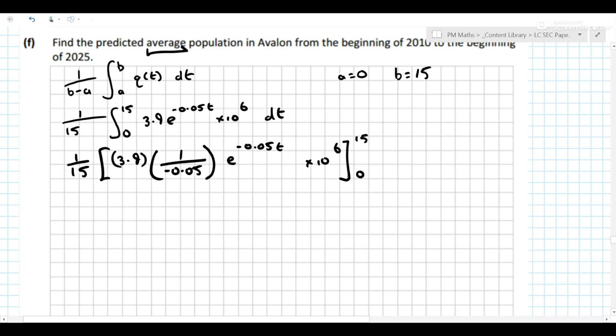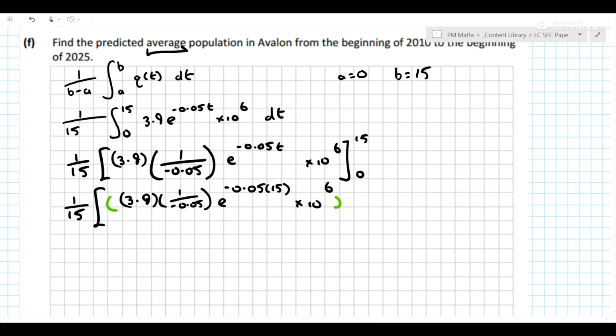So now we need to sub in 15 and then subtract when we sub in the 0. I might just put in a little bracket to distinguish: 3.9, 1 over minus 0.05 by e to the minus 0.05 by 15 by 10 to the 6.